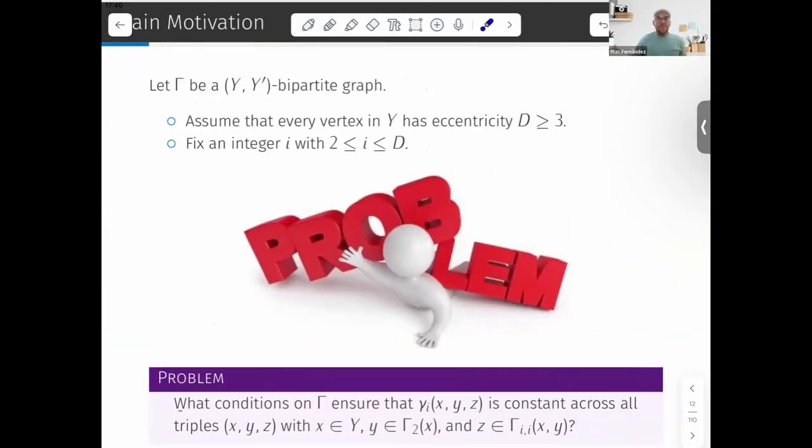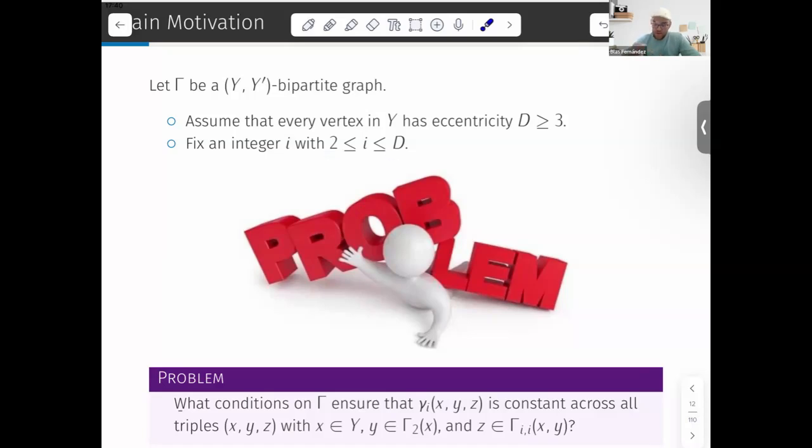And so now the question that motivates us to study this problem is the following. We have a bipartite graph, and we assume that every vertex in one bipartition has the same eccentricity, and this eccentricity d is greater than or equal to 3. We now fix an integer i between 2 and d.